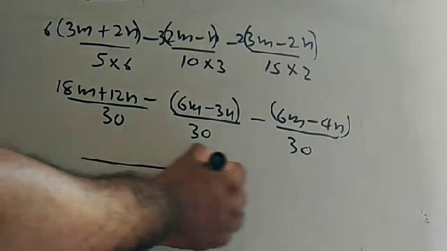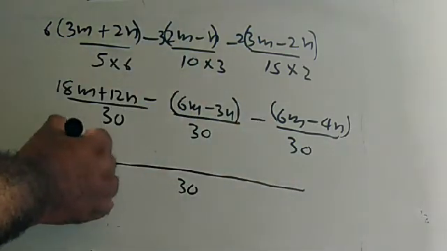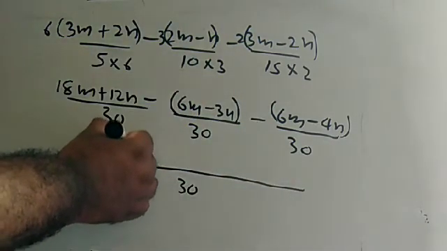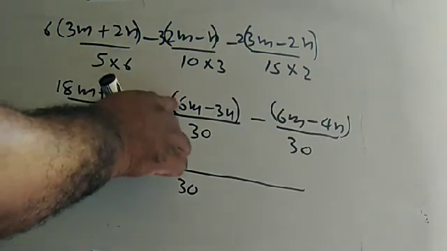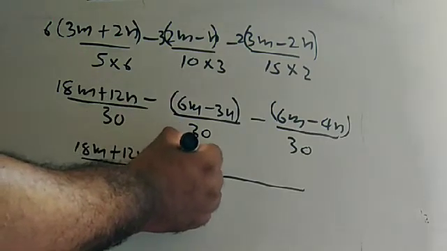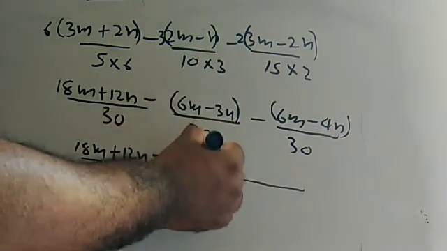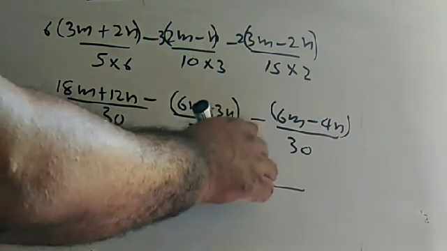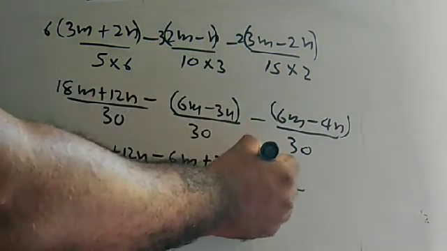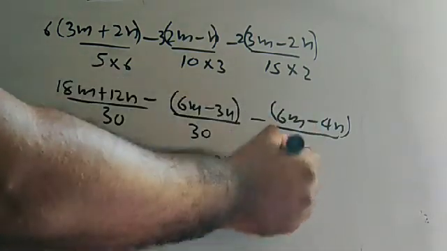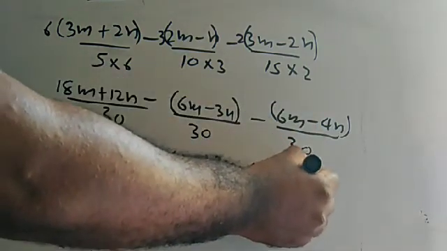Now let's simplify the numerators. 18m plus 12n, minus plus minus, 6m, minus plus 3n, minus plus minus 6m, minus when multiplied plus 4n.